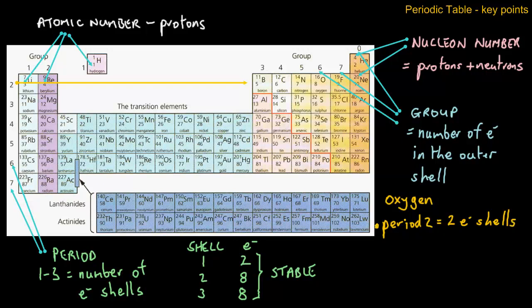We can also see that it's in group 6. Notice here, group 6, which means that it's got 6 electrons in the outer shell.